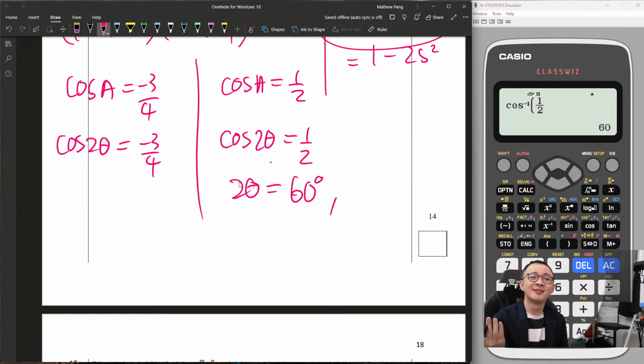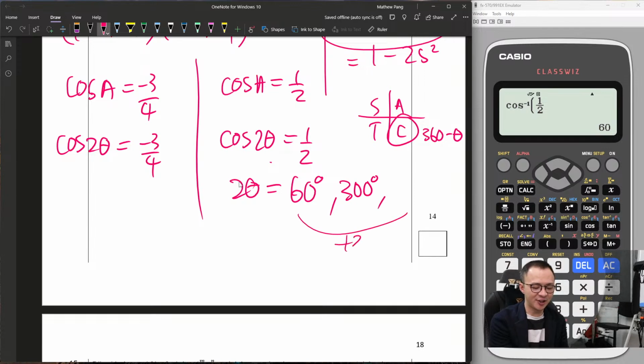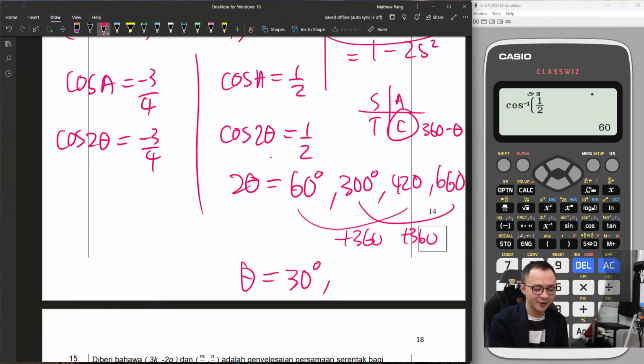Then cos get positive at 4th quadrant, isn't it? Add sugar to coffee. So 4th quadrant is 360 minus theta, right? So it'll be 300. Then first angle plus 360 for second round, so will be 420. Second plus 360, so it should be something like 660. Then I got theta. Divide 2 for every single one. 30, 150, 210, 330. Done.